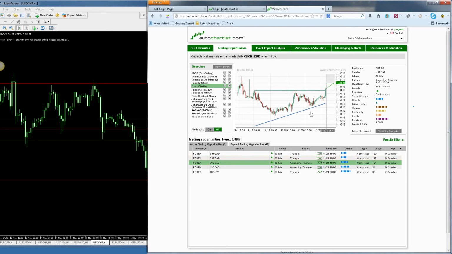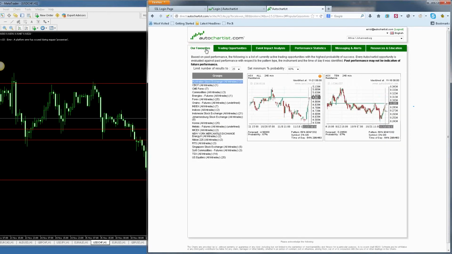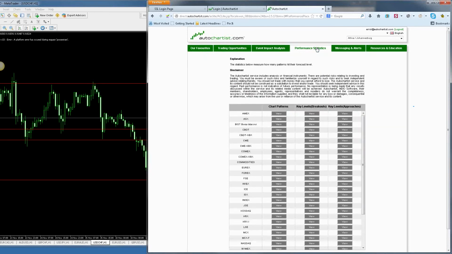Autochartist is so great because this applies whether you're a stock trader, a forex trader, or a commodities trader. Autochartist has it all. If you just want our favorites, these are based upon performance stats. If you're a performance statistics kind of person who wants to look at numbers, percentages and past performance, this is what we have here.